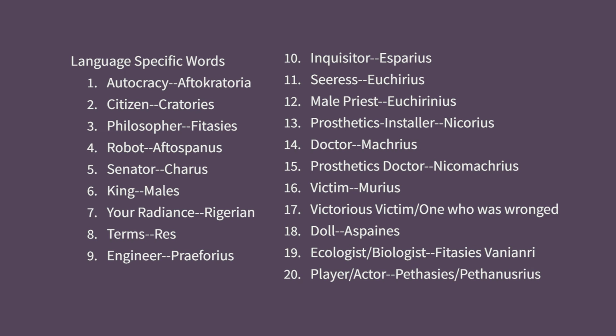Your radiance, Rigarian. This is the only appropriate way to address the philosopher king, ruler of the Aftercratoria. Terms, res. These are like the terms of an agreement, not the term that you might serve in government.